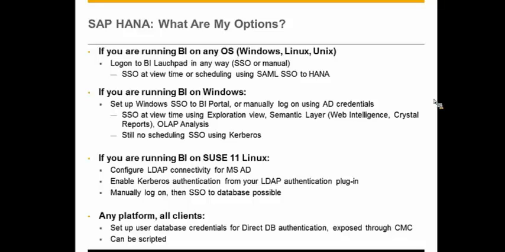It's documented in our admin guide, and it's the only LDAP SSO solution other than the database credentials that's ever been available. But again, both HANA and BI have to be on SUSE 11, and both servers have to be fully integrated with AD, and then you should be able to take advantage of this solution.